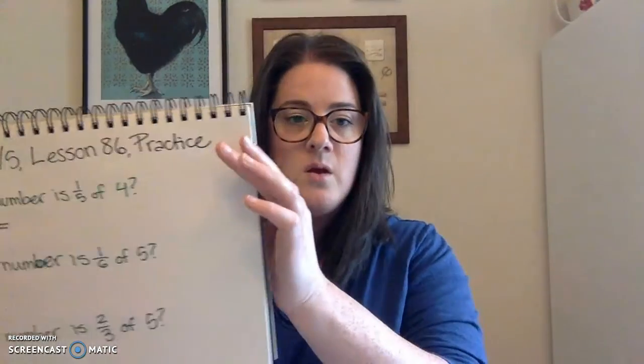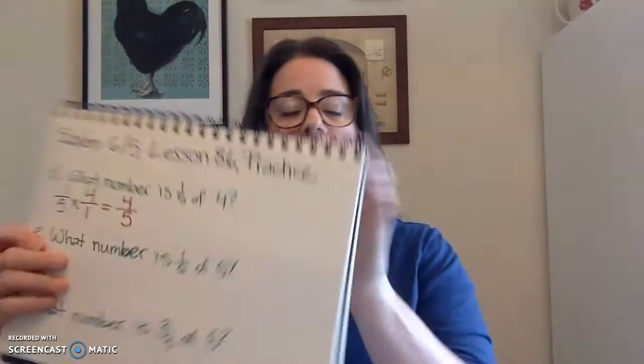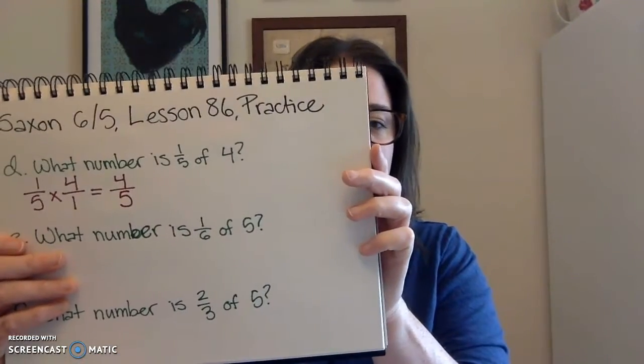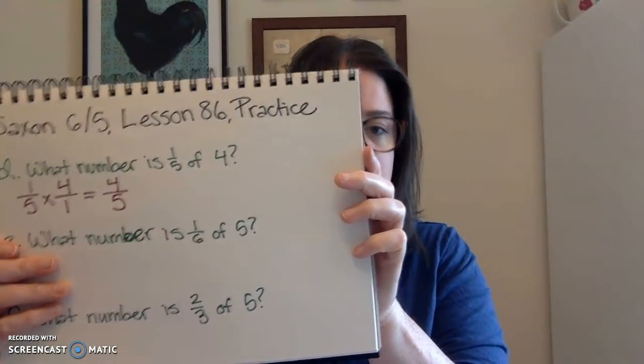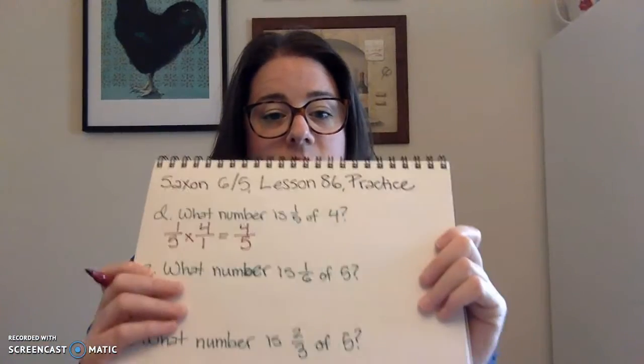I want to turn 4 into a fraction, which means 4/1. When I do that, I multiply my numerators. 1 times 4 is 4. I multiply my denominators. 1 times 5 is 5. And I get the fraction 4/5. That number is 1/5 of 4. Now, what if I put 4 first?